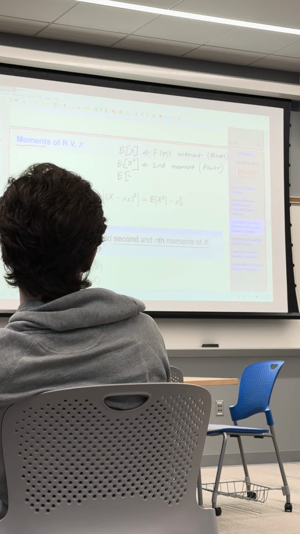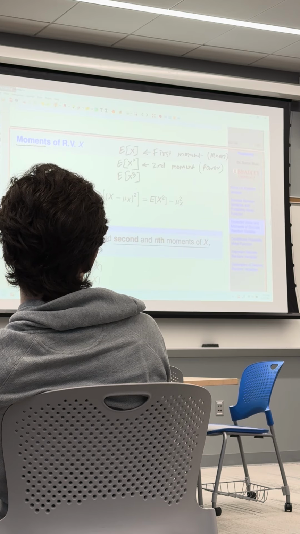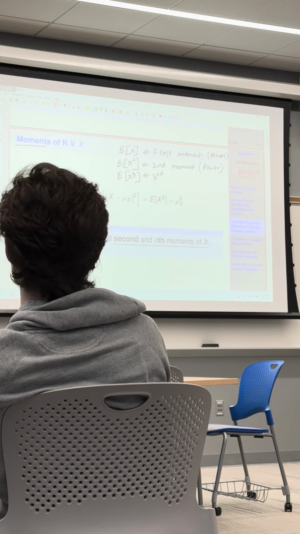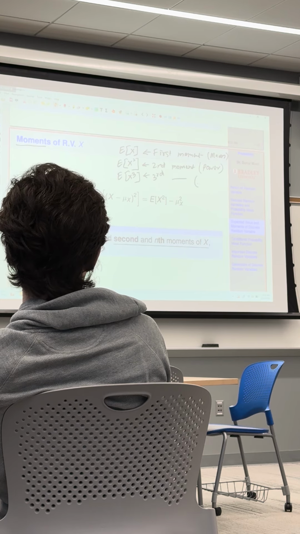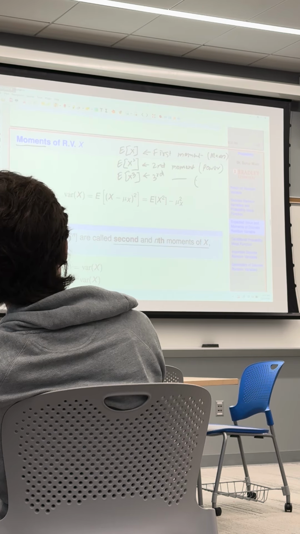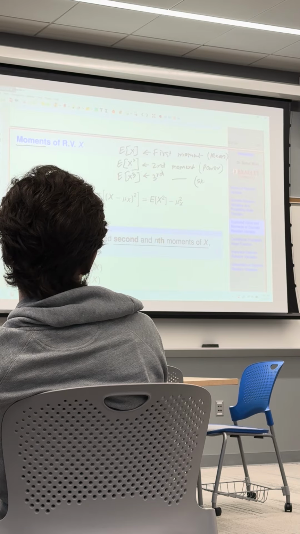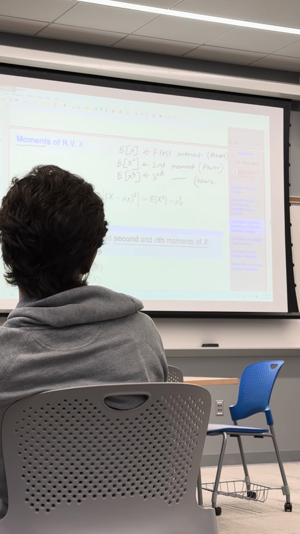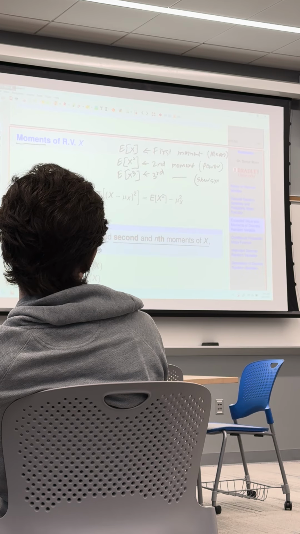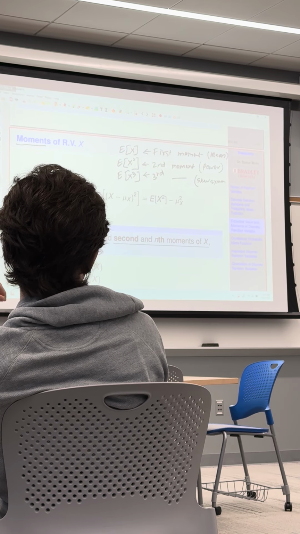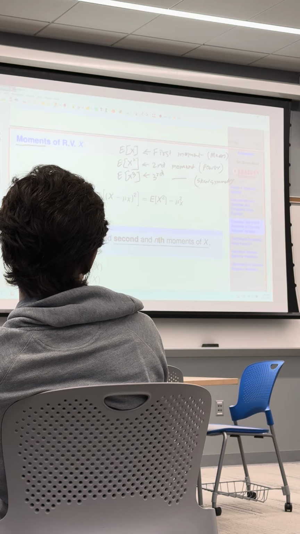The expectation of x cubed is, as you could figure out, the third moment, and it has a geometric form: skew, or symmetric form. Some geometric shape that you see.